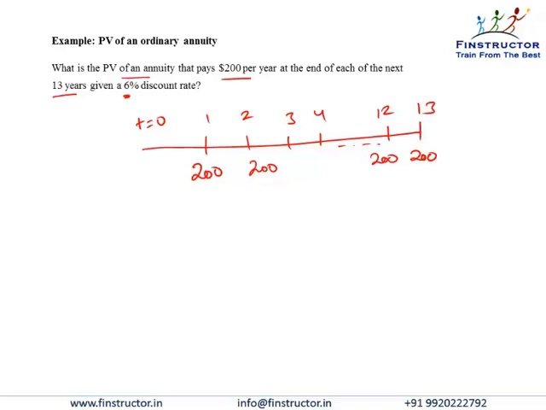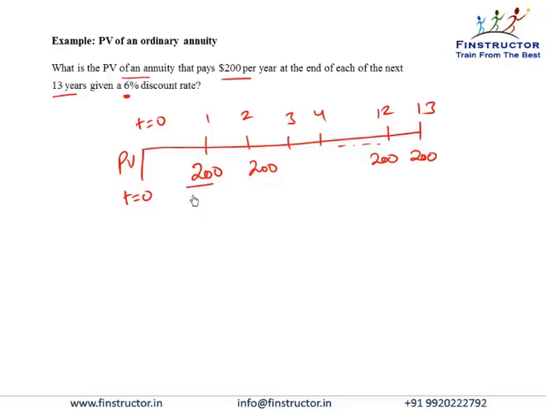So conceptually speaking, how will we solve this question? We know the TVM sheet will make it very easy for us, but please understand what is actually happening inside the TVM sheet. So the first cash flow comes at the end of year 1. So if I am to compute the present value, or the value at t equal to 0, will it be lesser than 200?